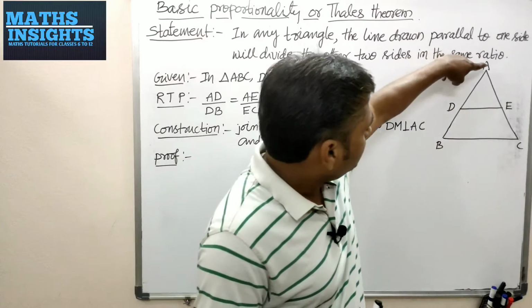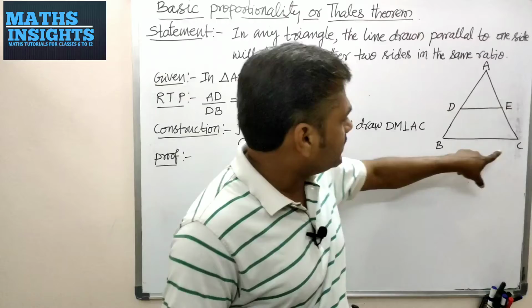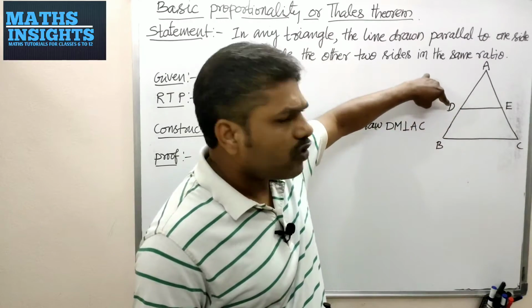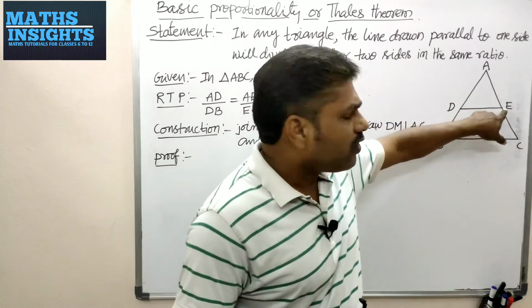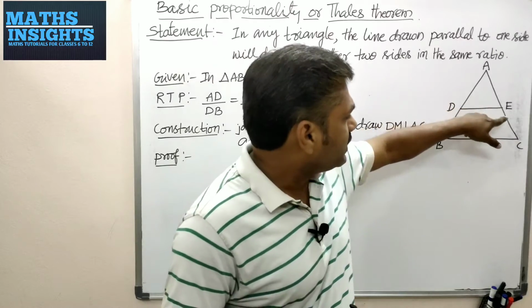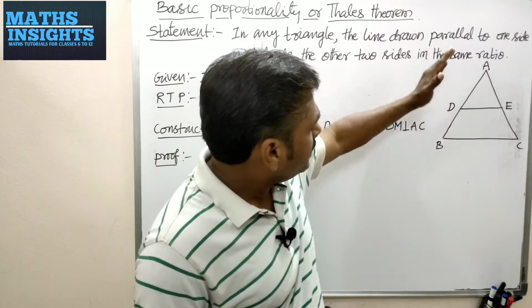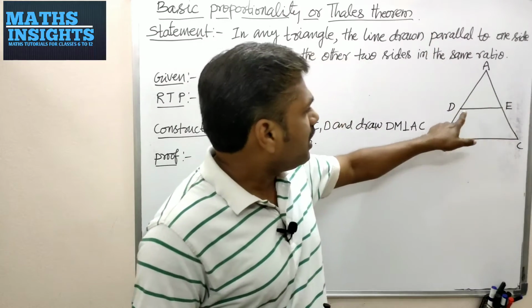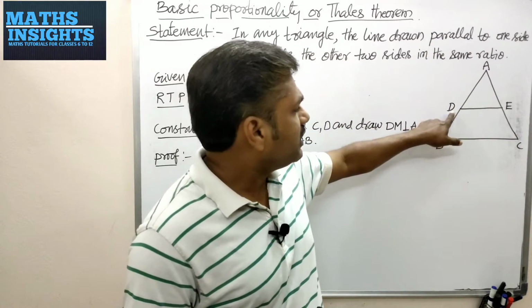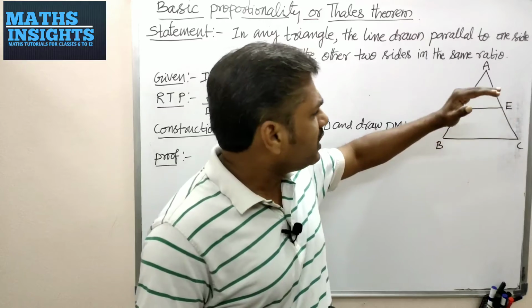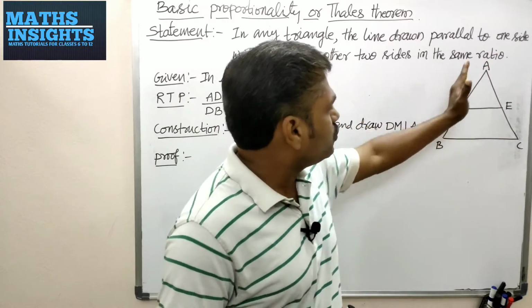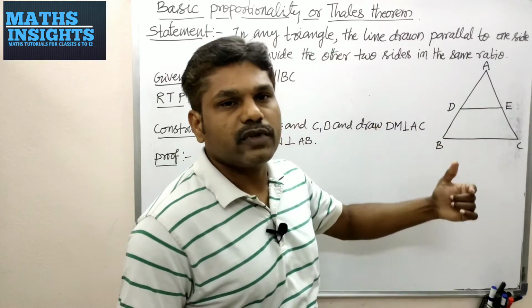See, I am taking a triangle ABC. I have drawn a line segment DE which is intersecting the other two sides AB and AC at two different points D and E. It will divide these two sides in the same ratio.